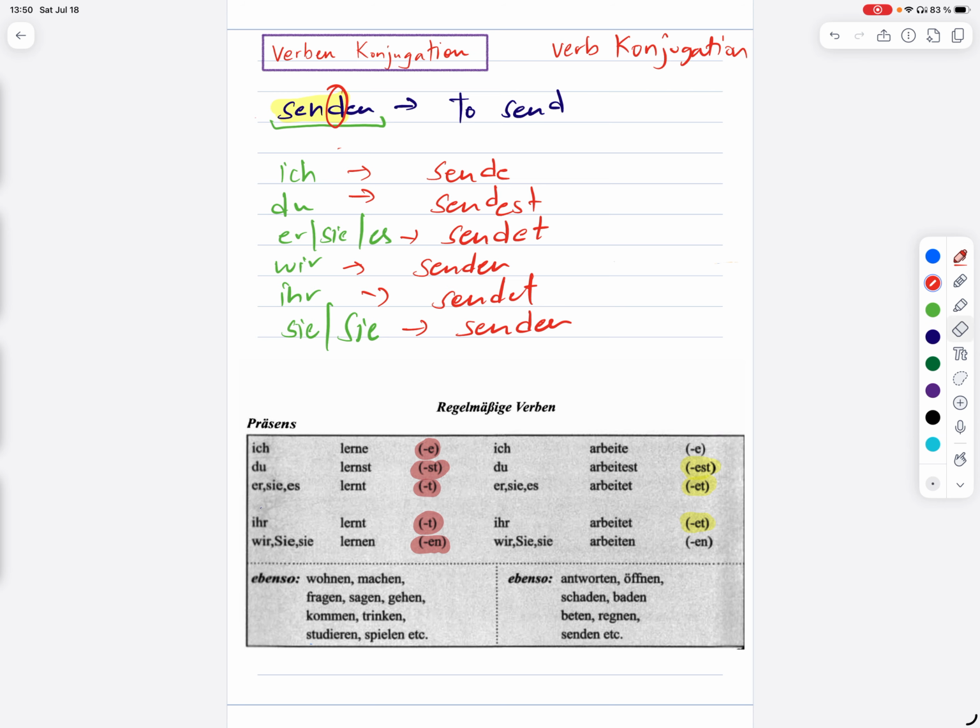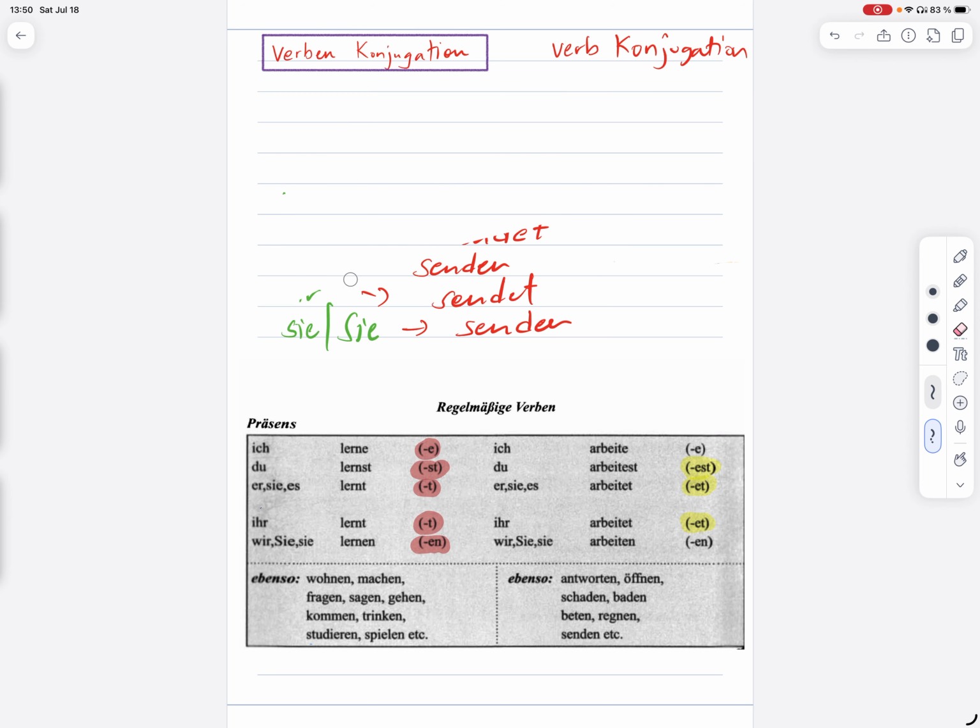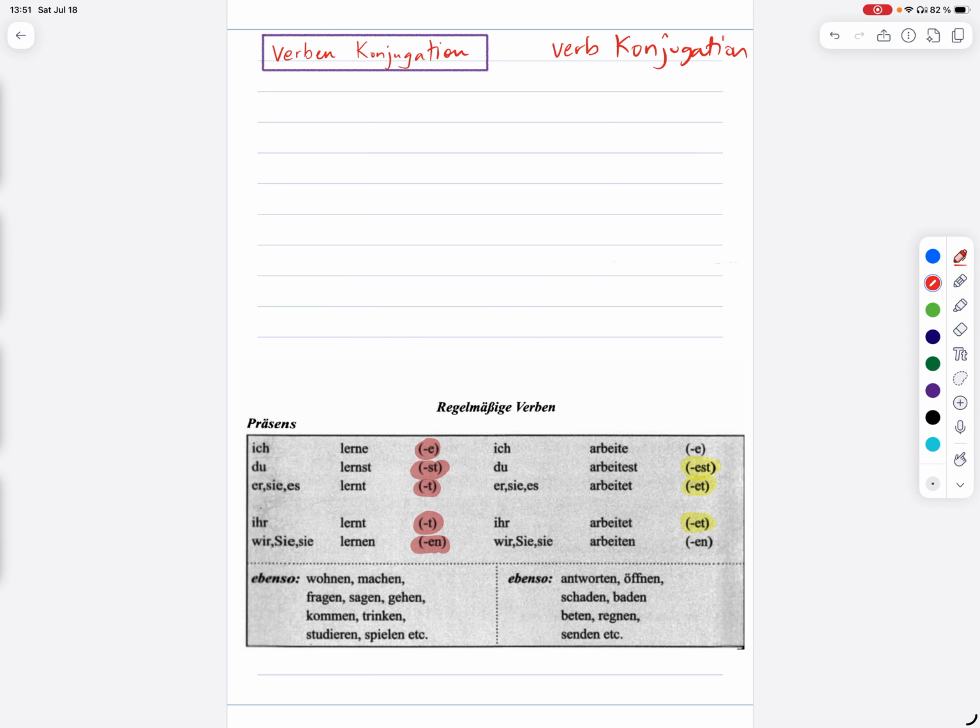So these are the conjugation rules for our regular verbs, right? And this is true for almost all of the regular verbs, and then the additional e is coming for the cases where you have the verbs ending in t or d. So for example, we have antworten, so it is ending in t for the stem verb, and then we have öffnen also.